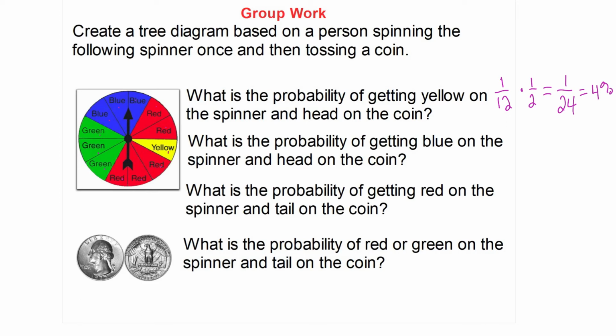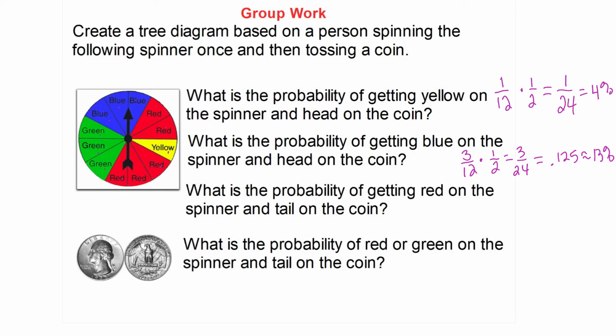What's the probability of getting blue? Well, there's 3 blues out of a total 12. And then I also want to get heads, so 1 out of 2. So that's going to be 3 out of 24, which is about 0.125, which would be approximately 13%.